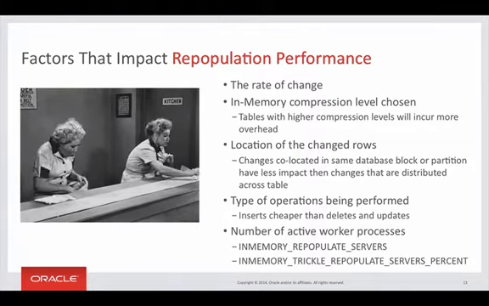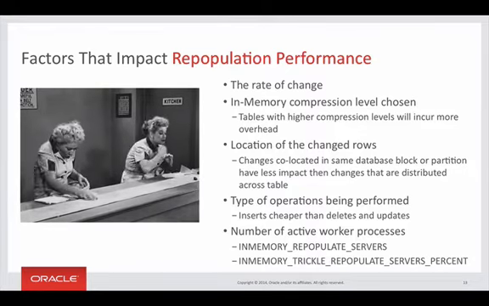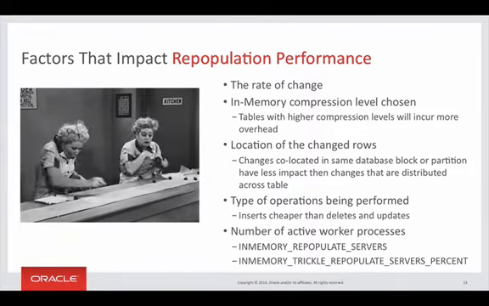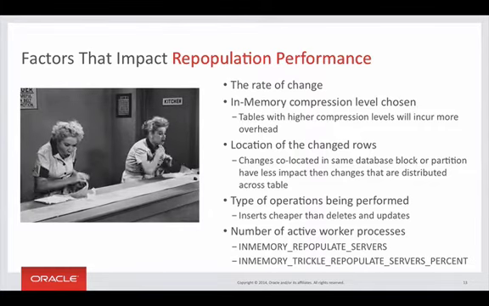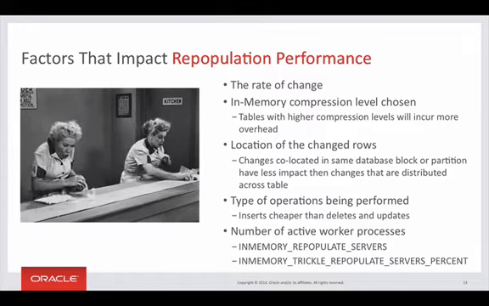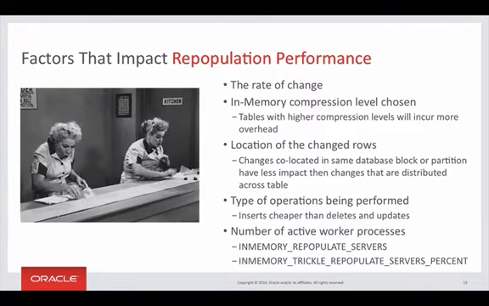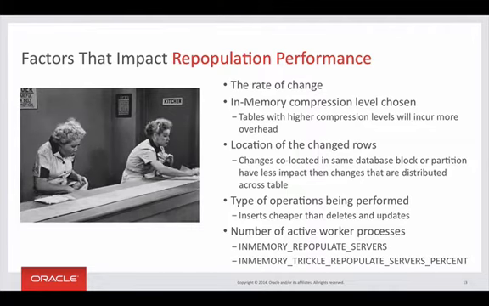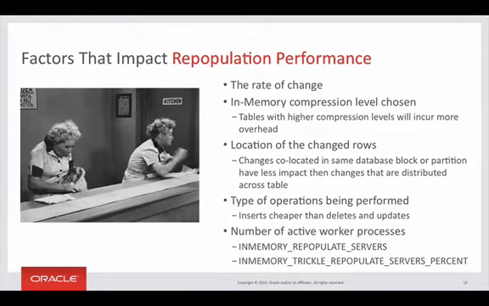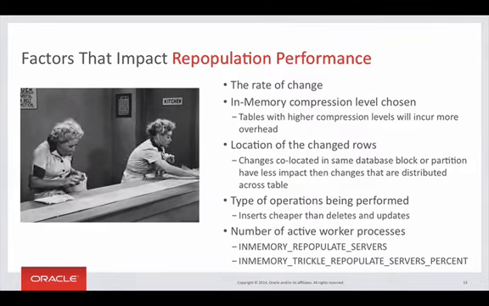That's the percentage of worker processes or repopulate servers that you are willing to allow the system to use to do trickle repopulations. Now, if you don't want us to do trickle repopulations at all, you don't want the IMCO to wake up every 2 minutes and check if there's anybody who needs to be refreshed, you can simply set in-memory trickle repopulate servers percent to be 0.